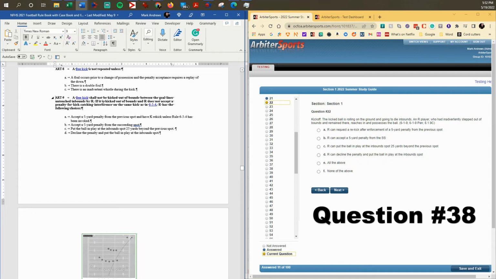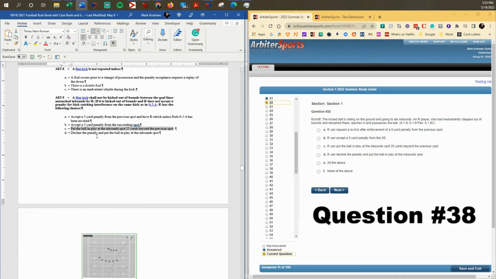And then when it goes out of bounds, they can accept a 5-yard penalty from the previous spot and have them re-kick, accept a 5-yard penalty from the succeeding spot, put the ball in play at the inbound spot, 25 yards from the previous spot. We all know that A and C used to be the only two choices, I think.